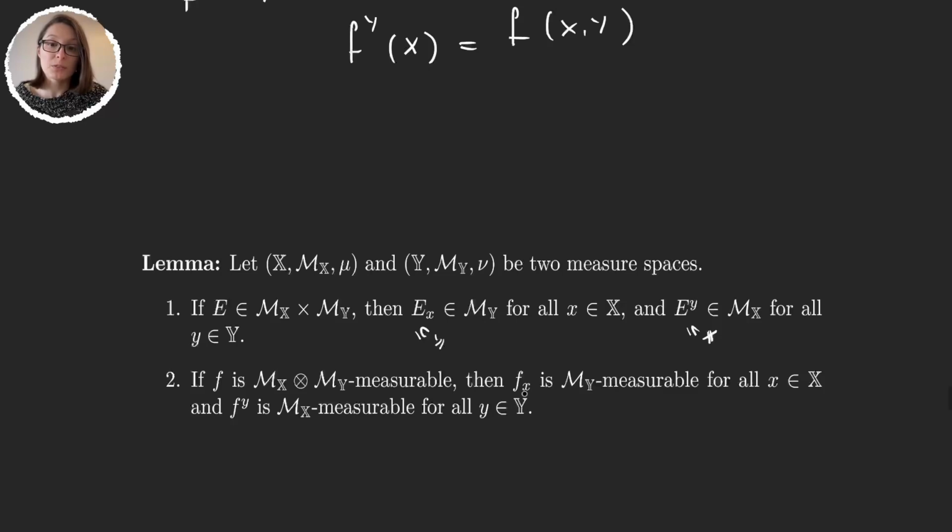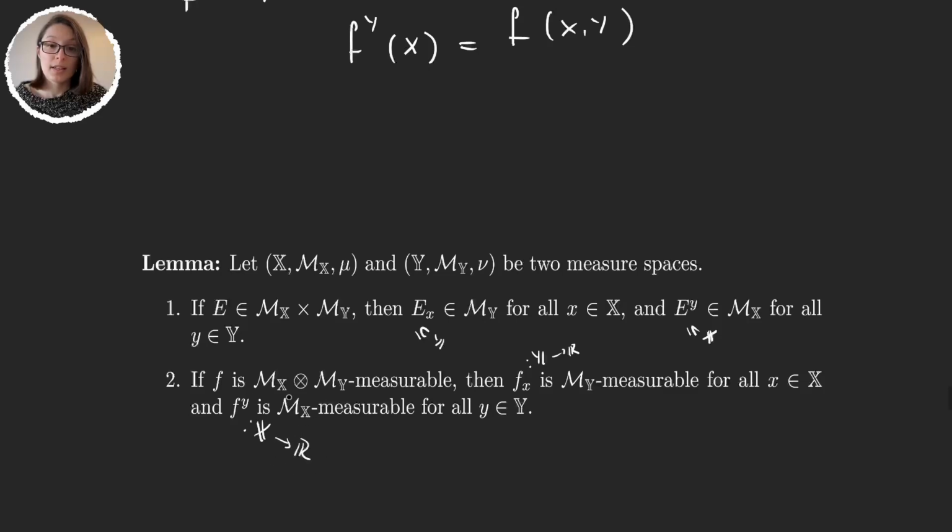Remember the domain of this function is Y. So this is a function from Y to the real numbers. So it makes sense that it's Y measurable. And this will happen for all points x. Likewise, the y sections, again, these are functions from X to the real numbers.